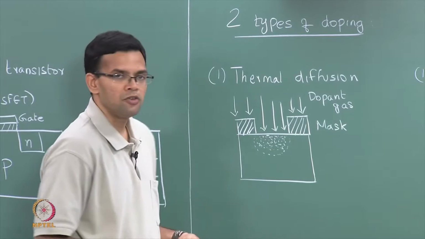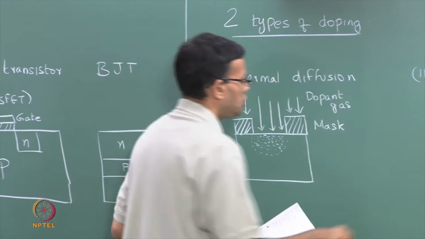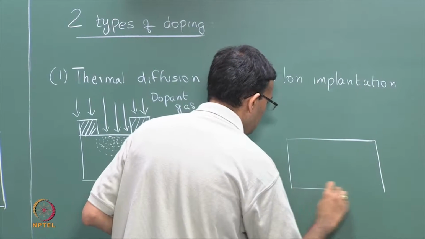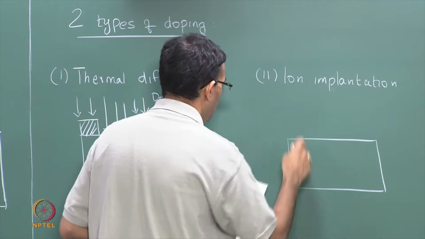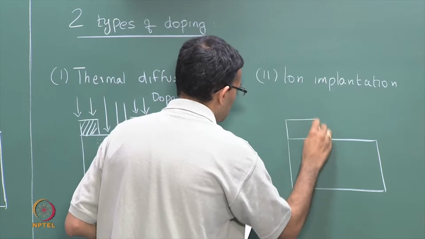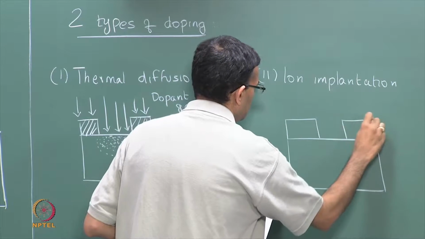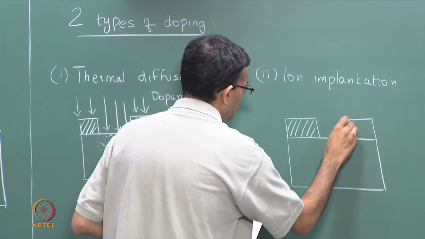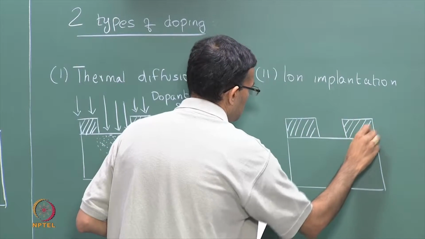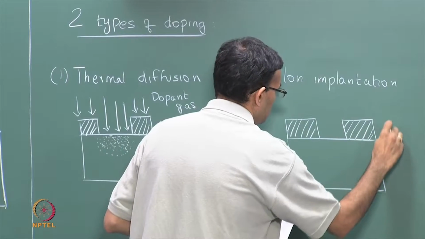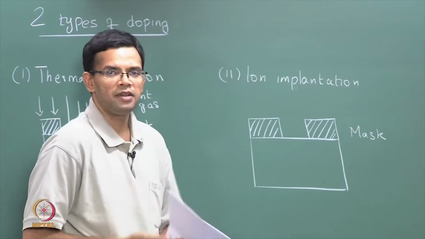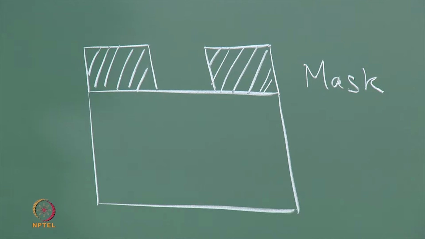This is thermal diffusion. The other way of doping is ion implantation. Once again, you have your surface, and you have a mask. Ion implantation can be done at low temperature.